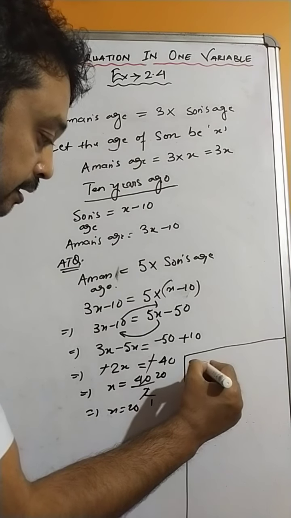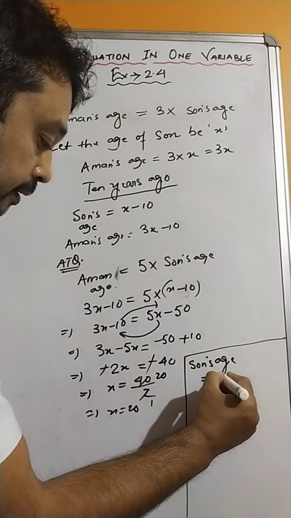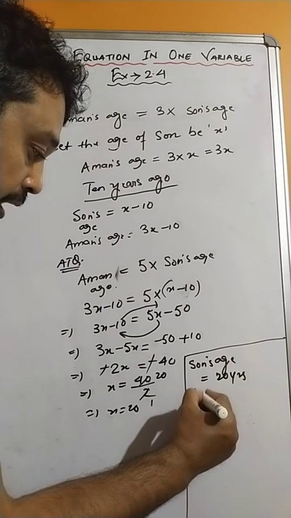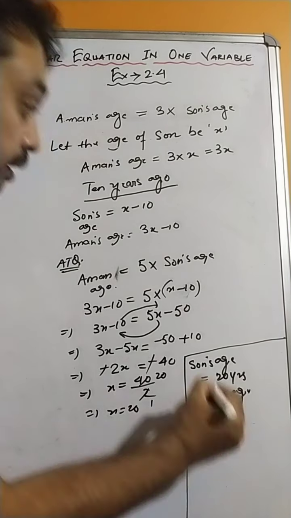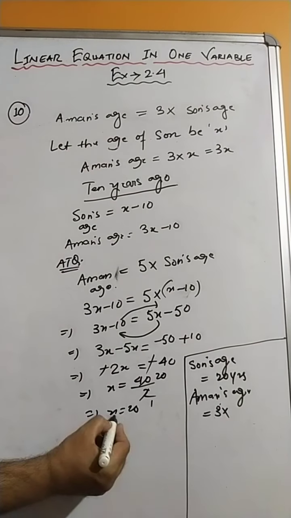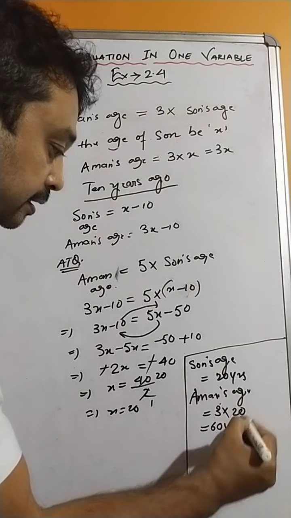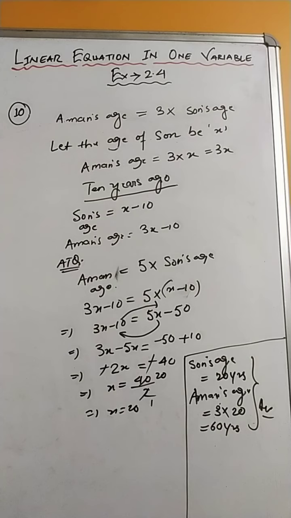Son's age is equal to what? 20 years, because this is the value of x. And what is Aman's age then? Aman's age is 3x. 3x means 3 into the value of x, that is 20. That is 60 years. So this is your answer.